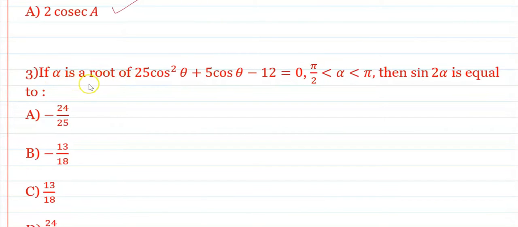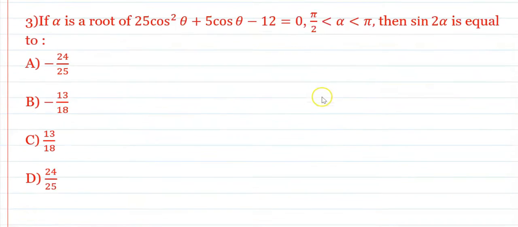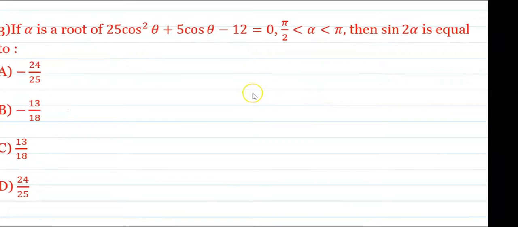Next, if alpha is a root of 25 cos square theta plus 5 cos theta minus 12 is equals to 0, and alpha lies between pi by 2 and pi, that is, in the second quadrant, then sine of 2 alpha is equals to... Here the quadratic equation has been given.